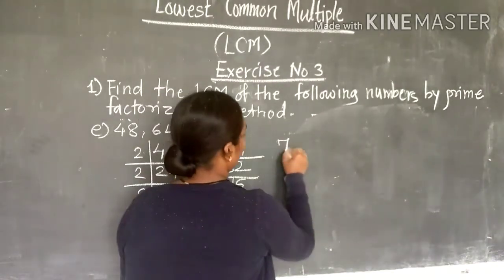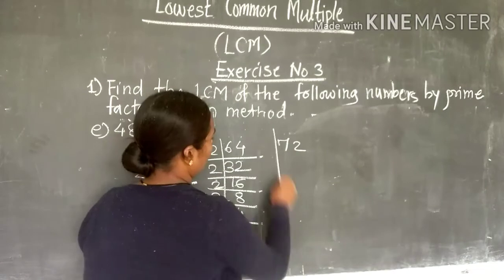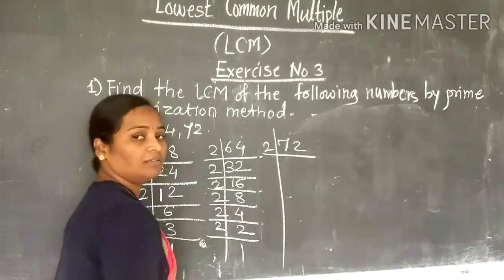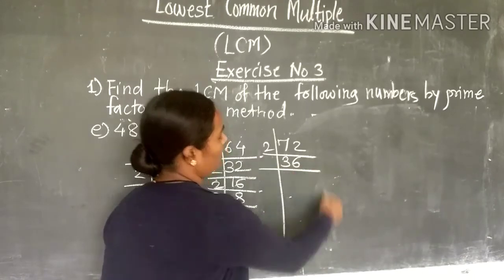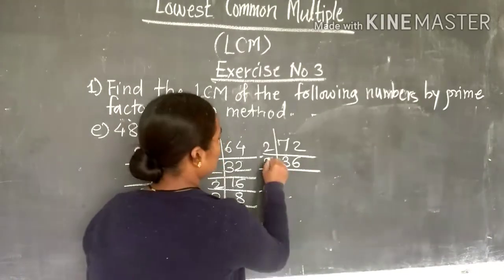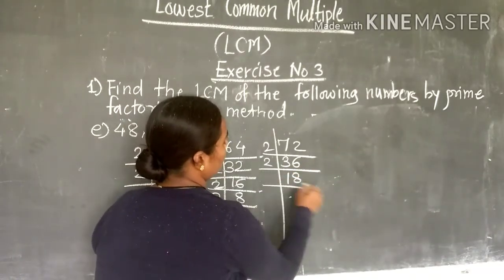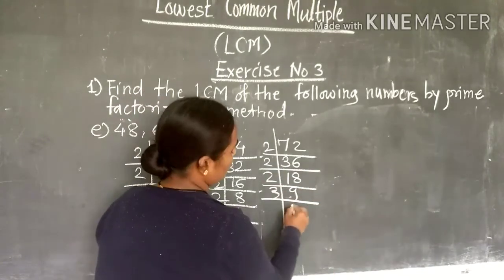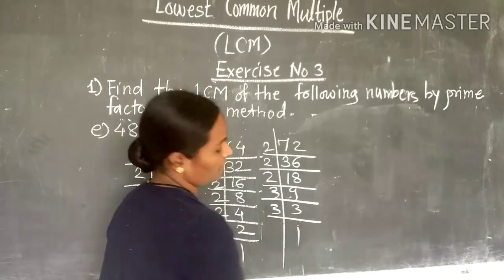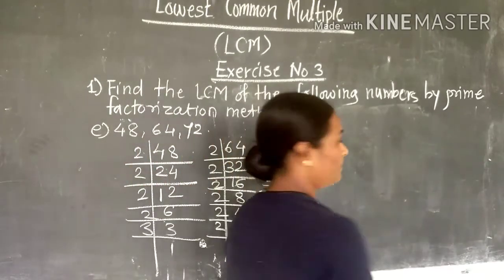For 72, which products are there that we have to see? 2 3s are 6, and 2 6s are 12. Now 2 1s are 2, 2 8s are 16, 2 9s are 18. Then 3 3s are 9 and 3 1s are 3. Write down all the prime factors here.